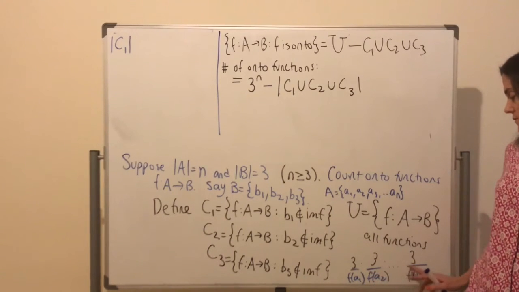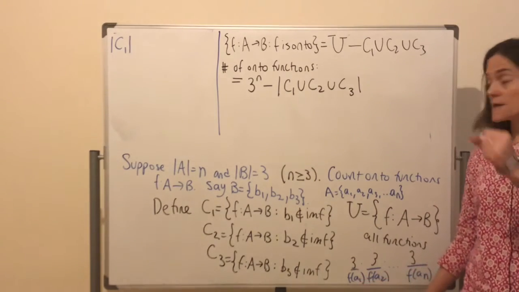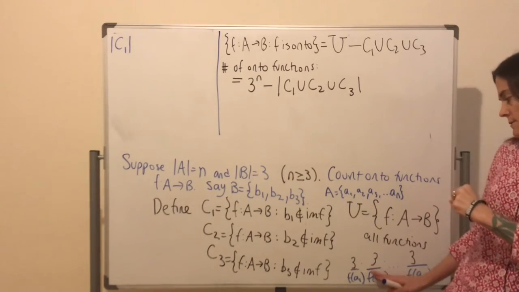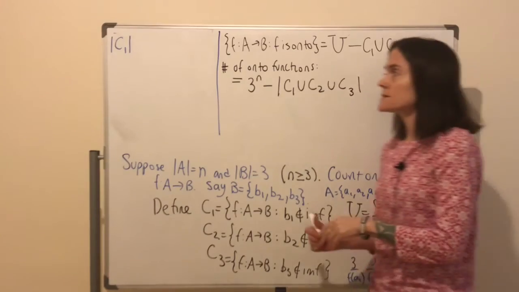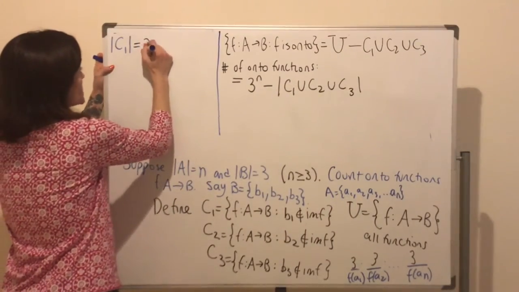We can only have 2 things. Either f of A1 is B2 or B3, B2 or B3, B2 or B3, like this. So the number of things in C1 is 2 to the n.